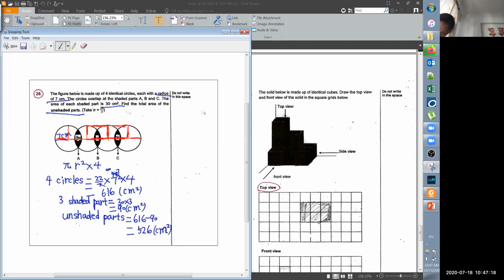Can you see that they form rectangles? And if they form rectangles, that means you divide by 2. That's how you do it, no? So you just have to find out what this part is.